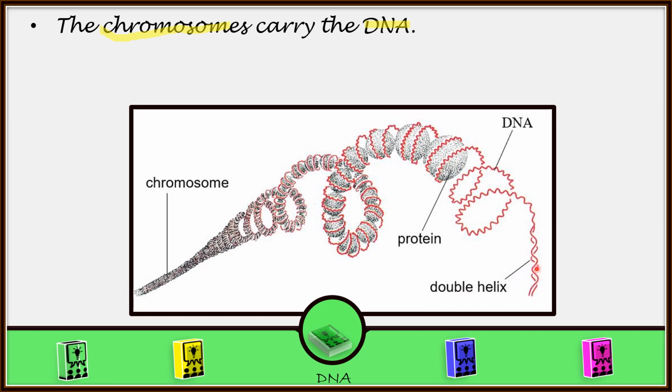If you look at it, there are 2 thread-like structures moving around each other in a helical form, and they have a protein on which they rotate so that they cover shorter space, and the chromosome bears the DNA.